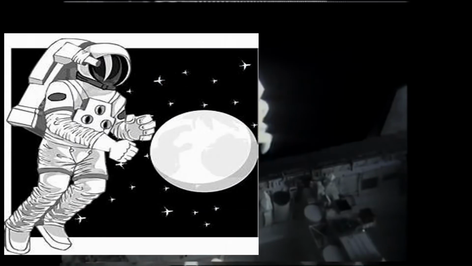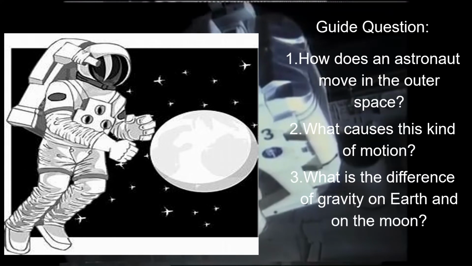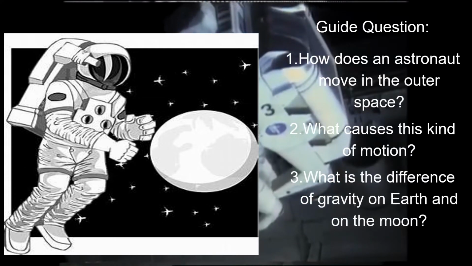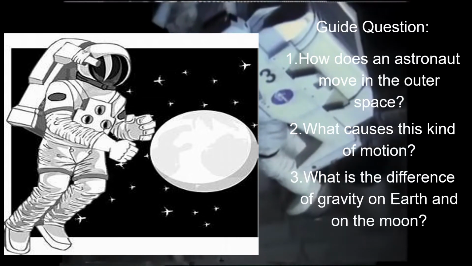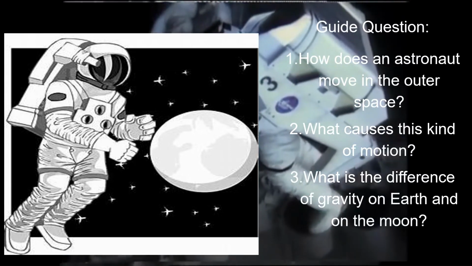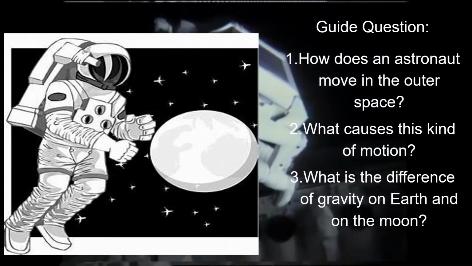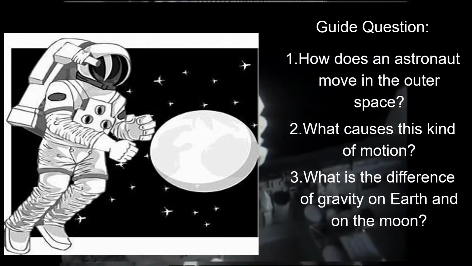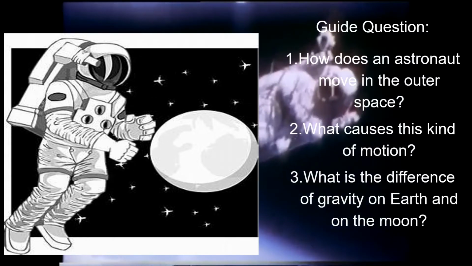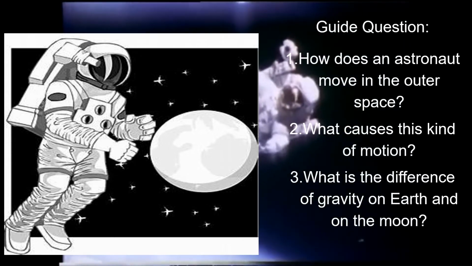Alright, for guide questions: how does an astronaut move in outer space? Number 2, what causes this kind of motion? The last one, what is the difference of gravity on Earth and on the moon? Is there a difference between our gravity?